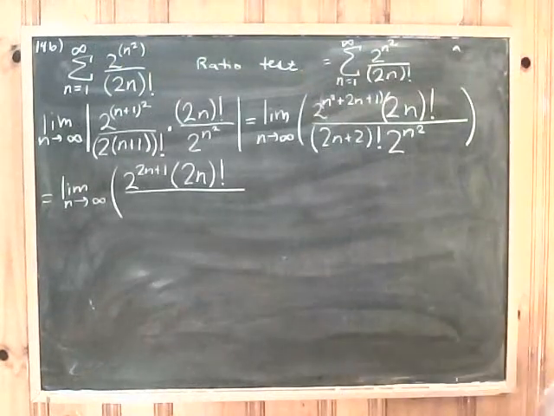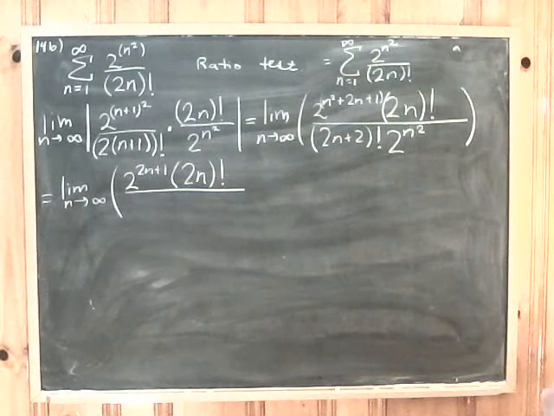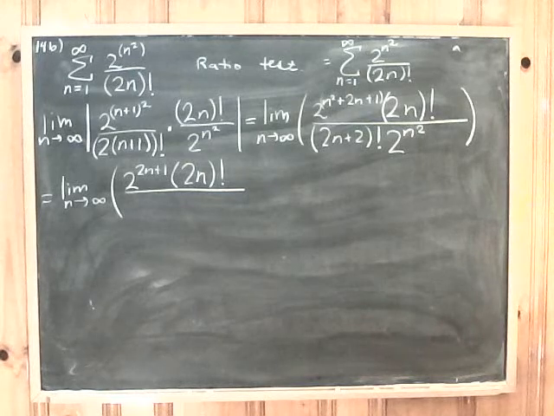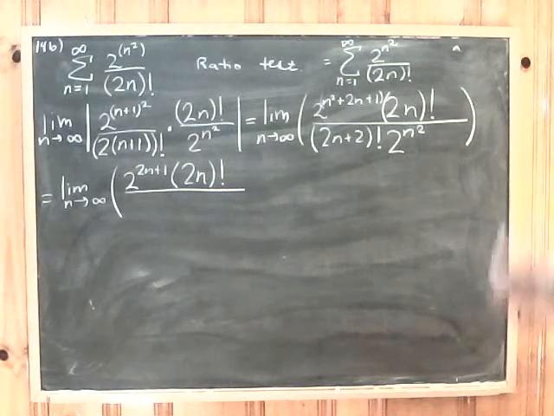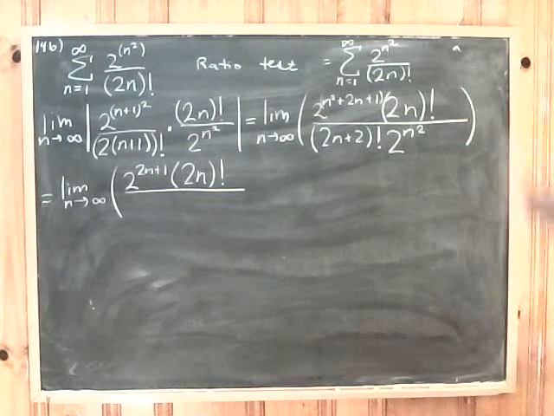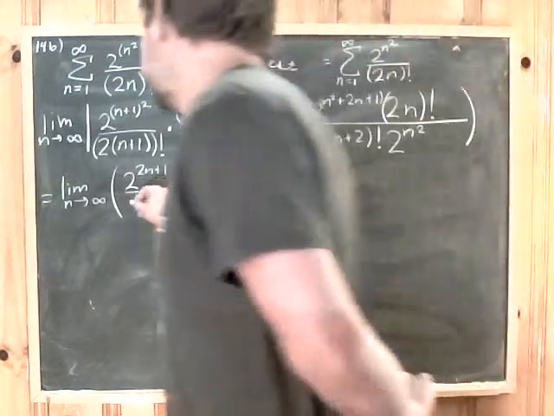And for the factorial, I'd like to do the trick where I start working out the factorial, expanding it, because what it means is start with what you see, multiply by 1 less, by 1 less, and then I'll be able to cancel with 2n factorial.